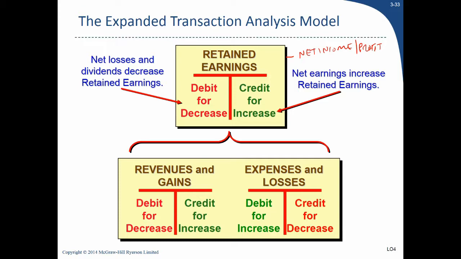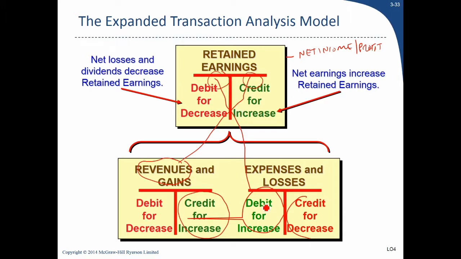So revenues and expenses have to follow the same rules as retained earnings, where a credit increases revenues and a debit increases losses. Okay, it's rare, you'll almost never see a debit to a revenue or a credit to an expense, but you can think of revenues as forming the right side of retained earnings and expenses as forming the left side.